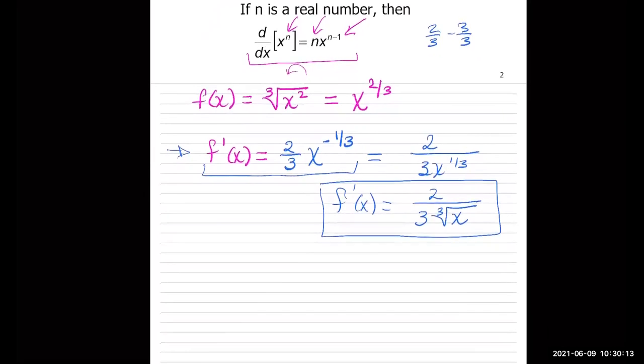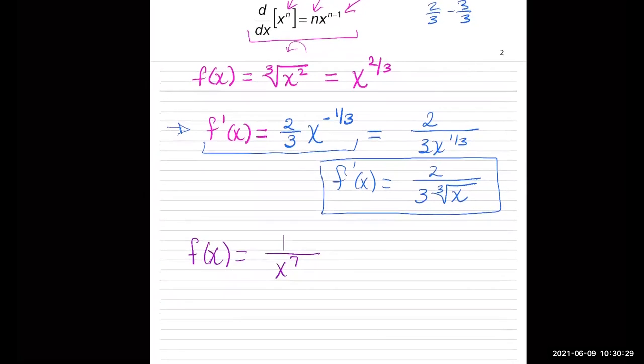All right, let's try another one. If I want to find the derivative of f of x equals, let's say I have 1 over x to the 7th. You cannot say that that's the derivative of the top over the derivative of the bottom, right?